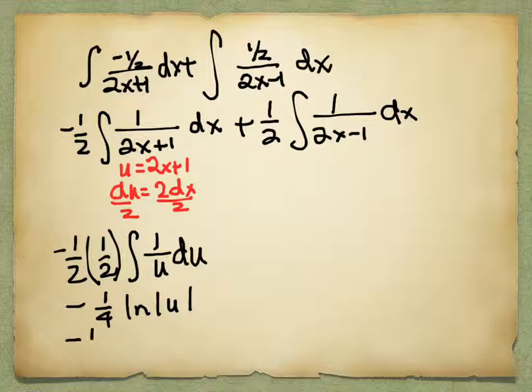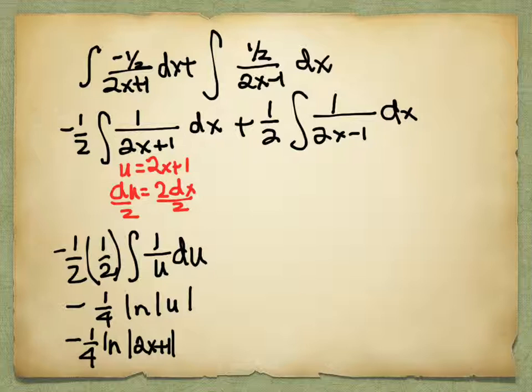And I can put this back together and say this is negative 1/4 natural log of 2x plus 1. Any questions on that piece?